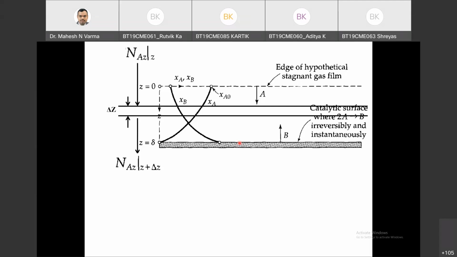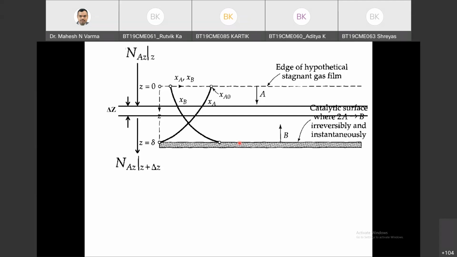Sir, the other doubt was: irrespective of whether we choose Cartesian, cylindrical, or even spherical, we will get the same rate equation and it won't matter. You will not get the same rate equation. You will get a different equation, but the absolute value will be the same.